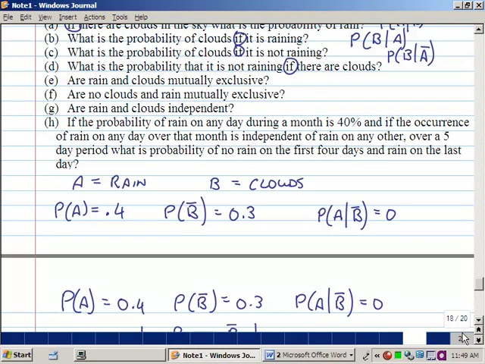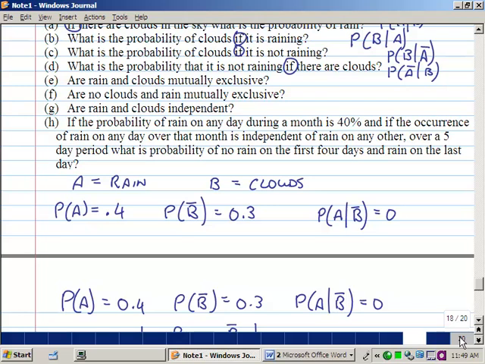All right, D. What is the probability that it is not raining, A bar, if there are clouds?